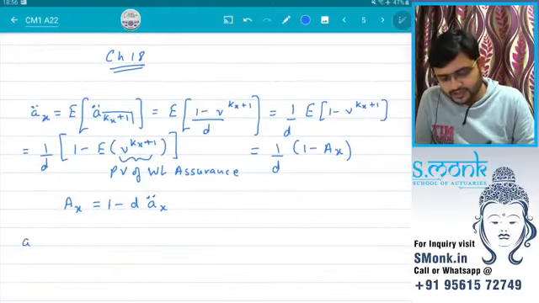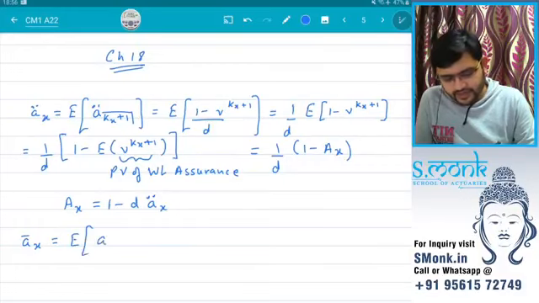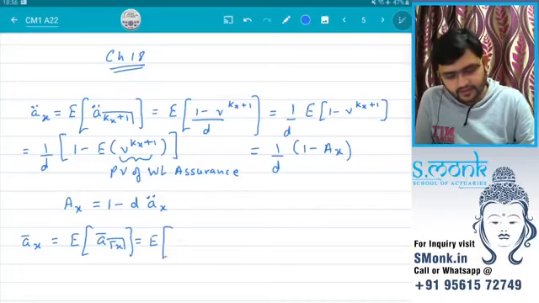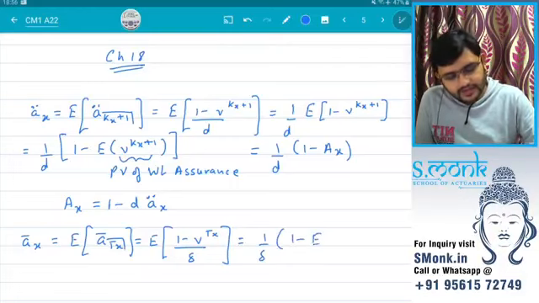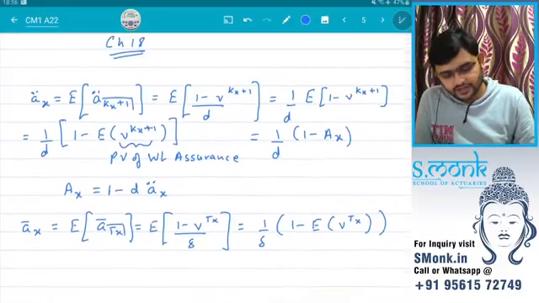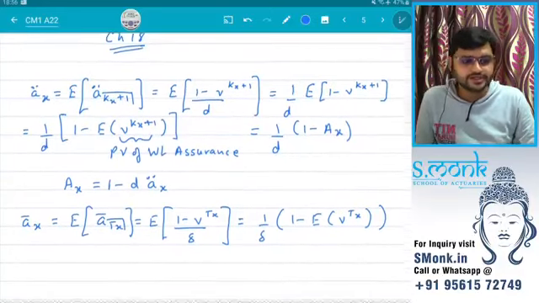We can do a similar thing with a bar x. Expected value, we will have a bar tx. We will get expected value of 1 minus v raised to tx by delta. That will just give me 1 by delta into 1 minus expected value of v raised to tx. v raised to tx is just the present value of whole life assurance for payment immediately on death.